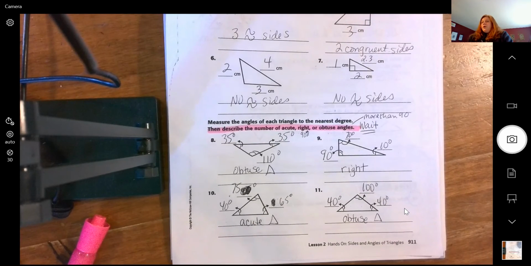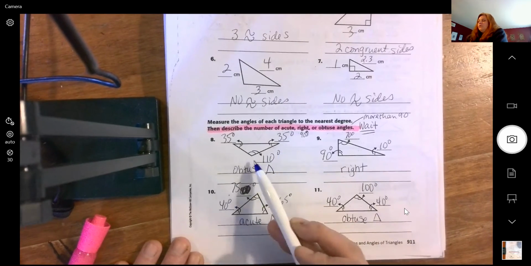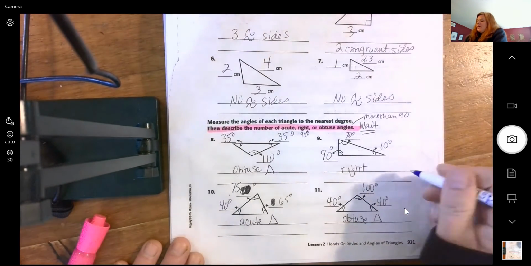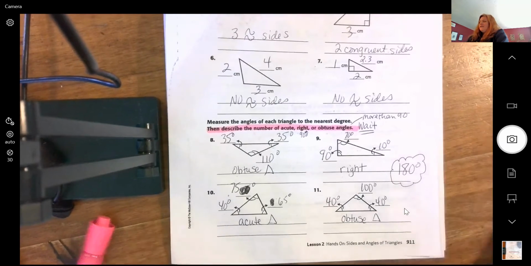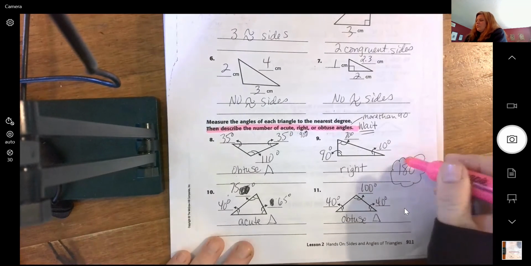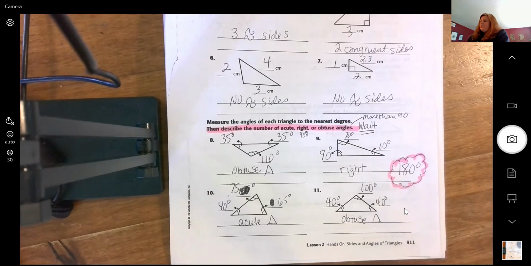Now, one of the best ways when you're measuring is there's a little trick. If you add up all the angles, you're going to get 180 degrees. Every triangle has this total or sum. So one way when you're measuring your angles, you can check them is to see if your angles add up to 180.